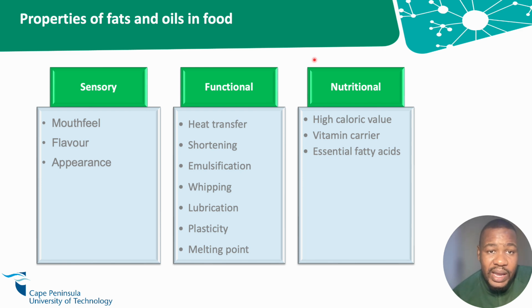So if you look at the functional properties here, we look at heat transfer, shortening, emulsification, whipping properties, lubrication, plasticity, and melting point. In terms of emulsification, they play a crucial role in helping to create stable mixtures of ingredients that would otherwise separate, because we know that water and oil do not mix together.